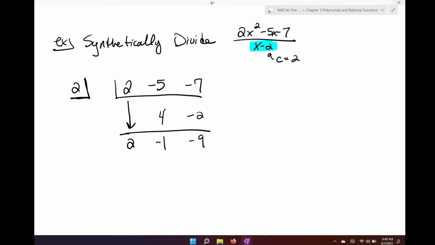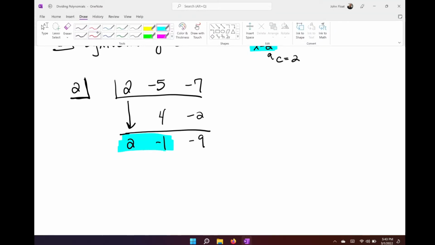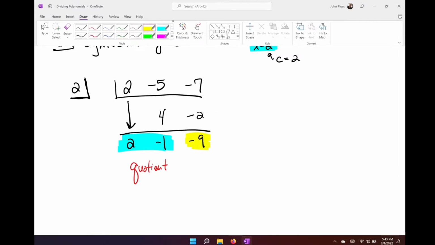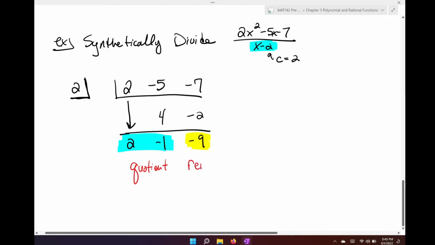Those numbers, 2, -1 and -9: the 2 and the -1 represent my quotient, and then the -9 is going to be my remainder.